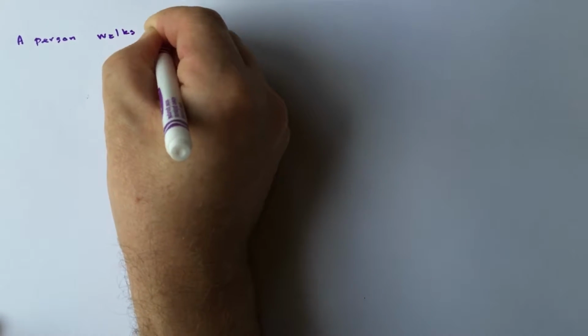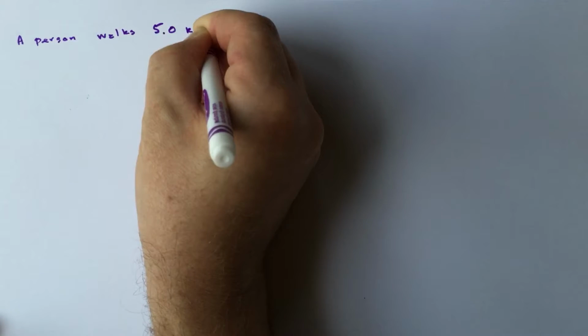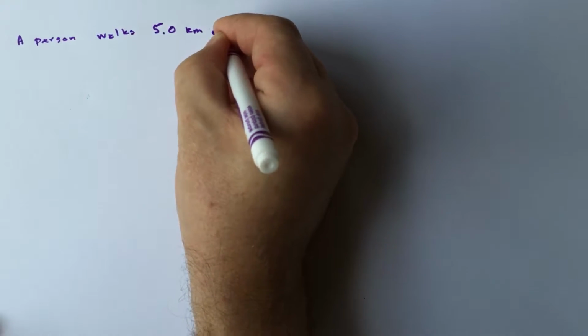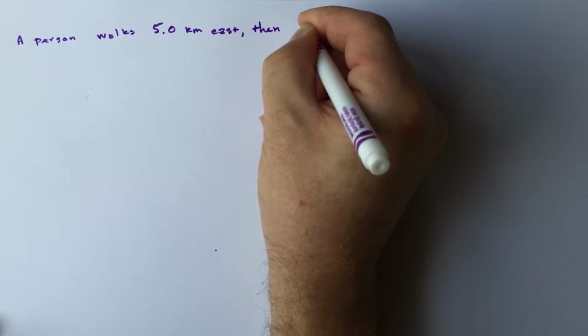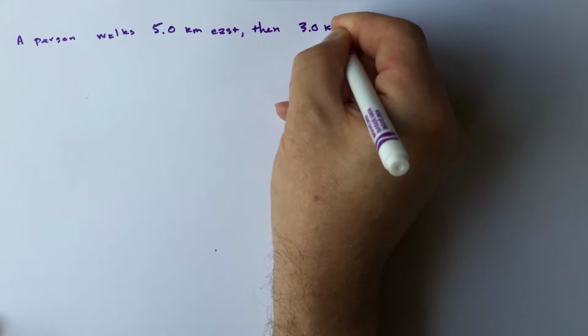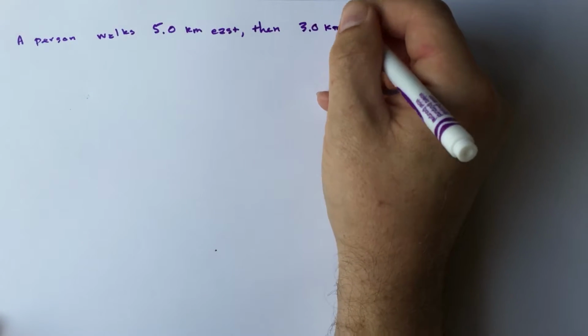I have a problem for you. Let's work it out together. It goes something like this. A person walks 5 kilometers east. Then 3 kilometers north.